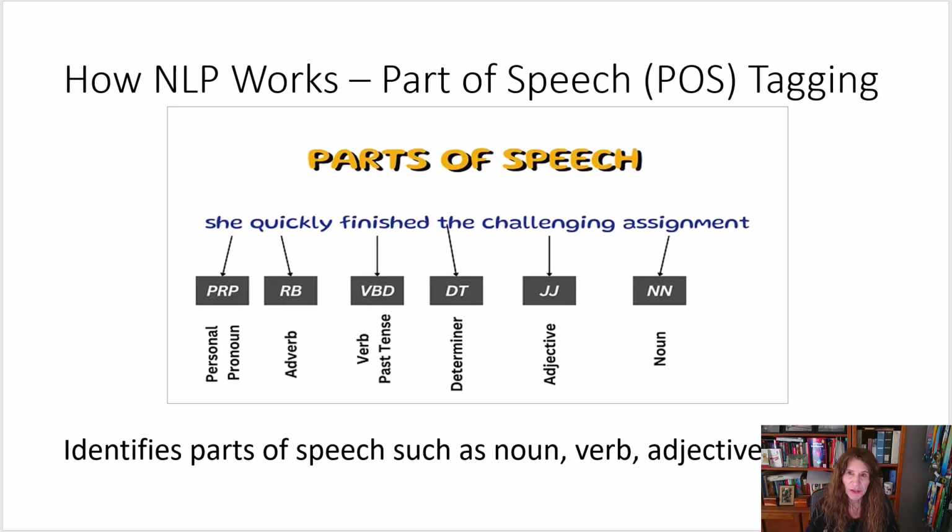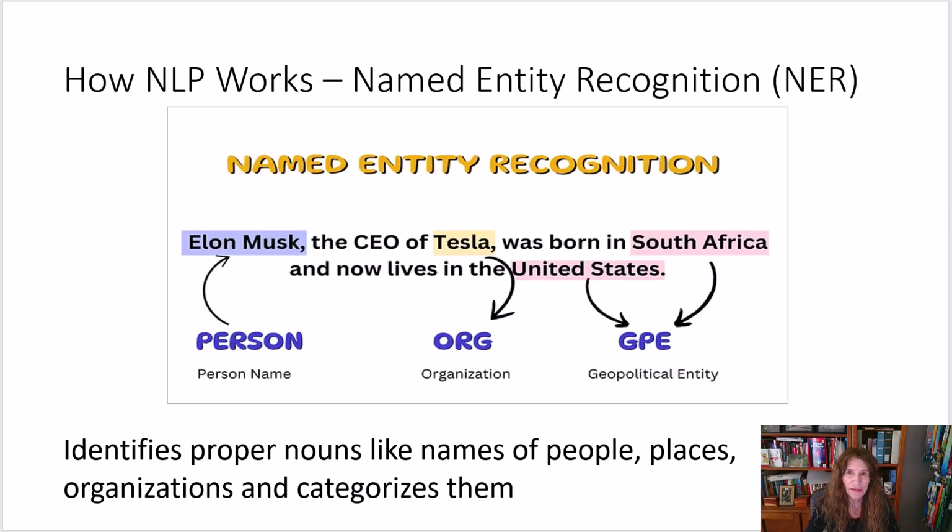Part of speech tagging. This is the process in which the computer identifies the different parts of speech, such as a pronoun, adverb, verb, noun, and related syntax. Named entity recognition, NER.